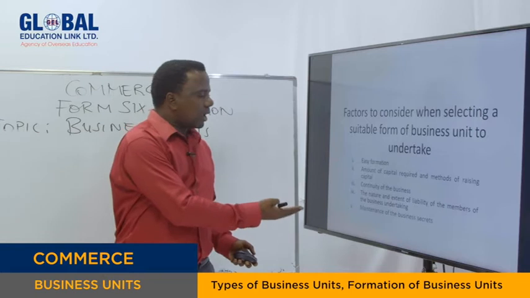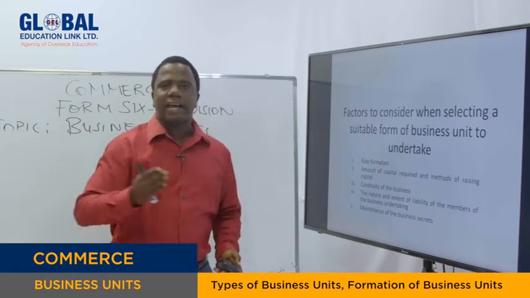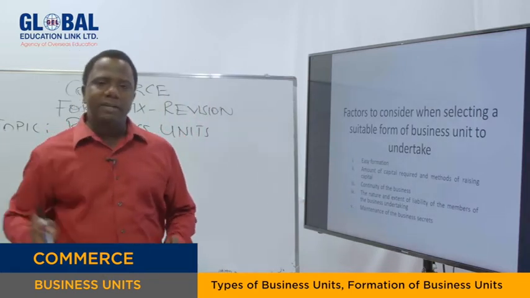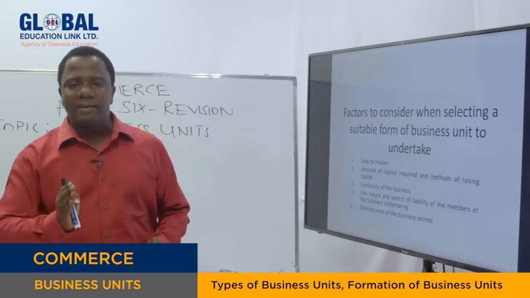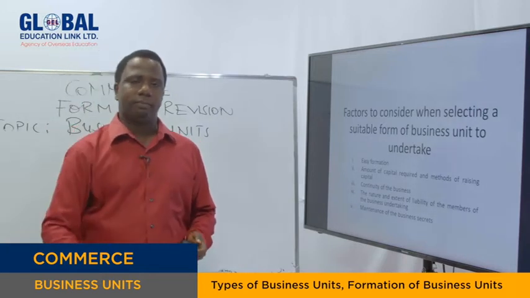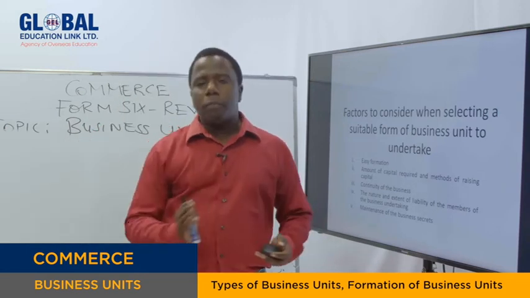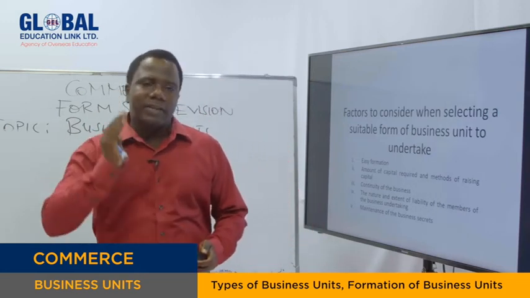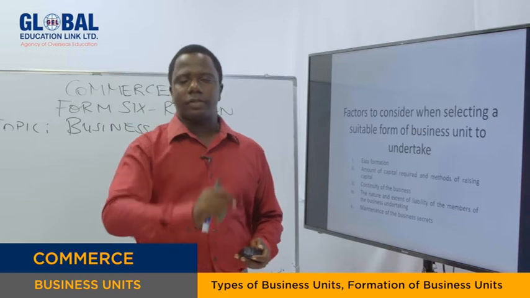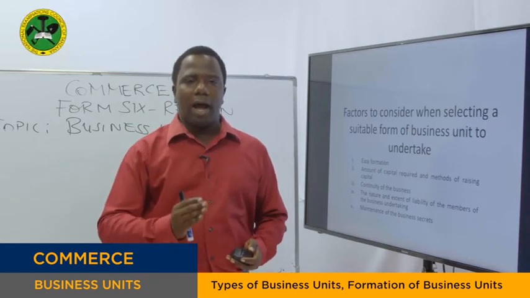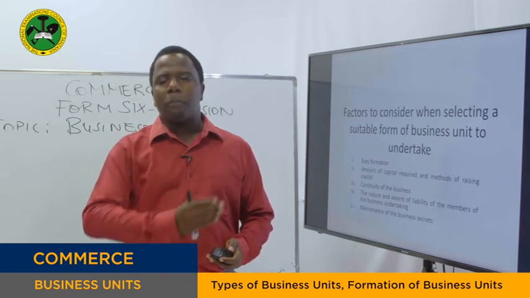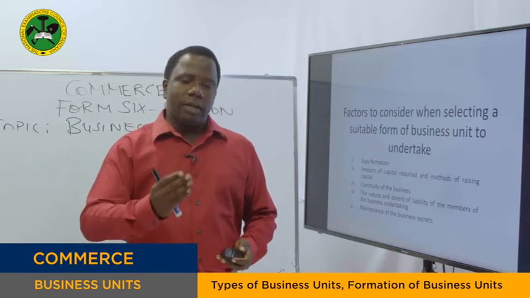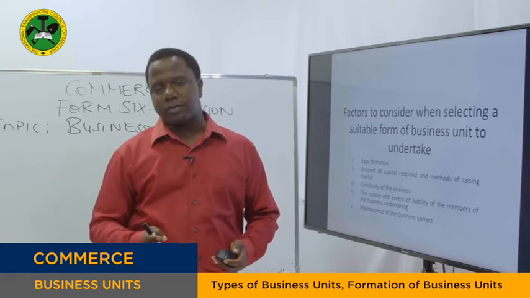Another factor to consider is maintenance of the business secrets. In some business units, secrets of the business are maintained. For example, in a sole proprietorship, the secrets can be maintained because the owner is not required by law to publish his or her financial statements.